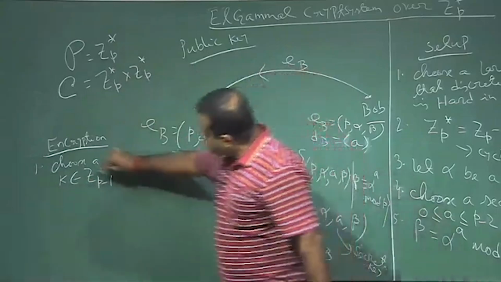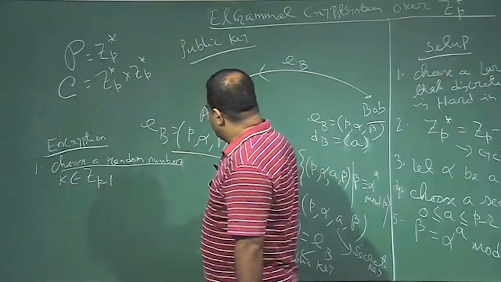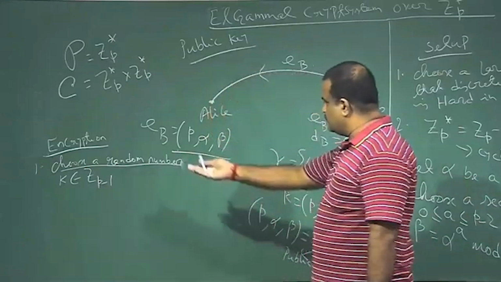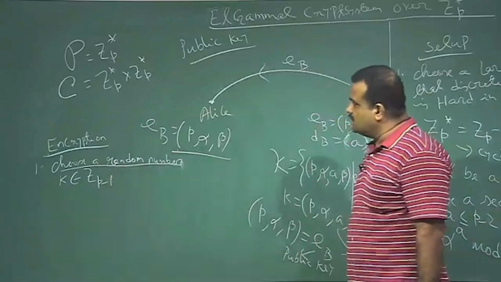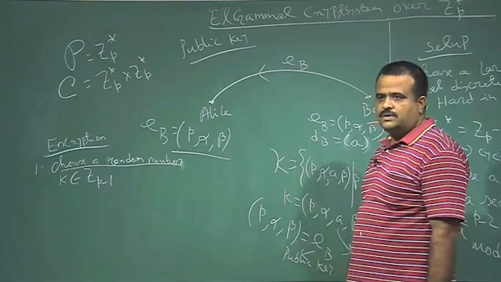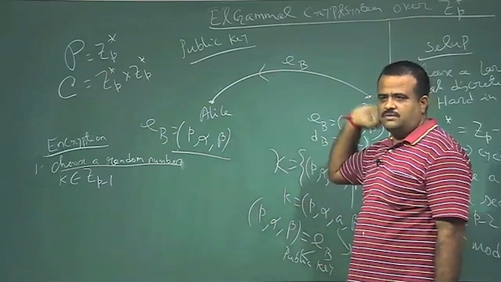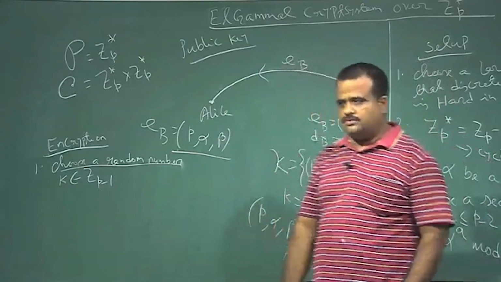This is the extra bit of secrecy. This is nothing to do with the key. This is a random number Alice is choosing, and this is not known to Bob. Maybe after choosing the message, Alice chooses this. This is sort of a timestamp, called a nonce.